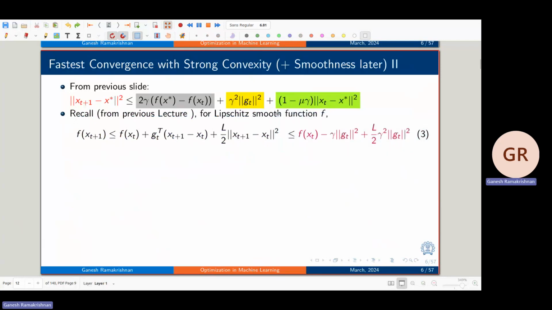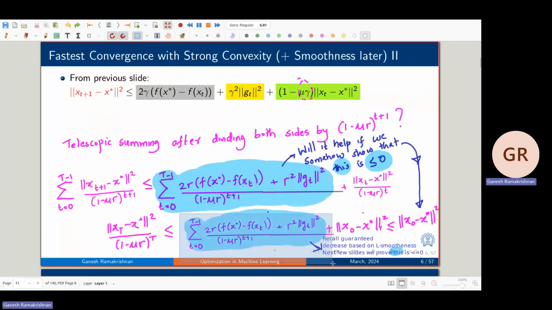You can do telescopic summing before Lipschitz smoothness application or after also. Based on my rough work on the previous slide, I suggested let me bring Lipschitz smoothness up front and then do telescopic summing, so that I don't have the scary term here. This is a very scary term. Can we avoid the scary term?